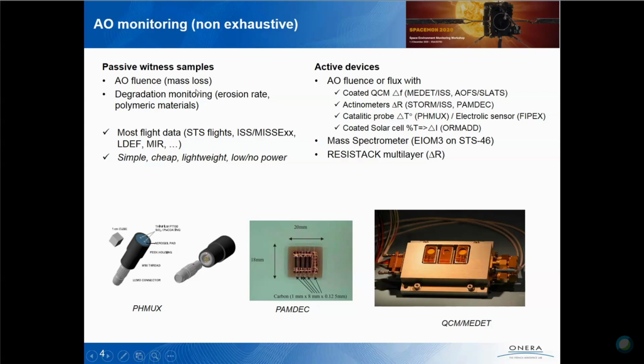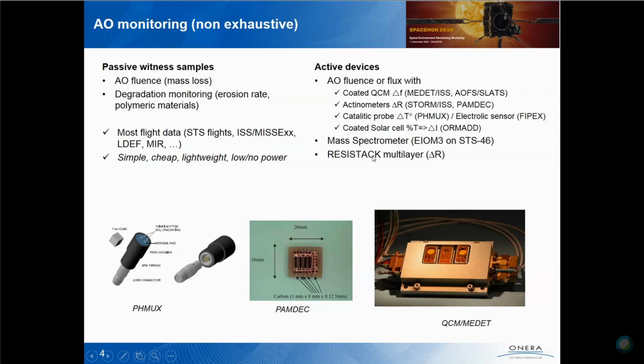Obviously, that requires the return of the sample. But most flight data on shuttle or ISS, for instance, have been realized using witness samples because, of course, they are simple, cheap, lightweight devices with very low or no power consumption.